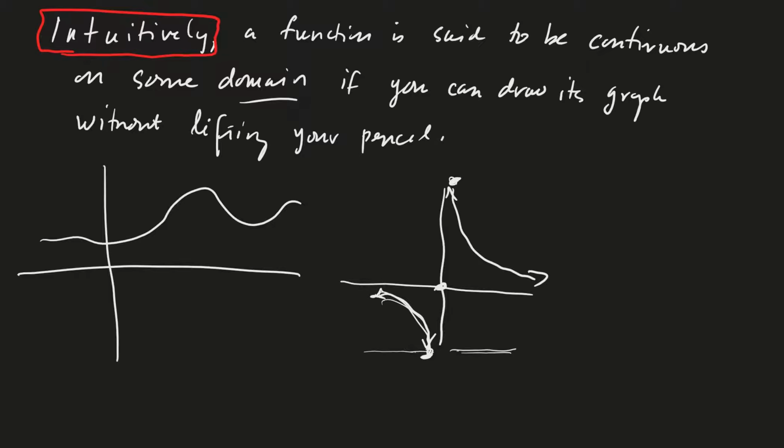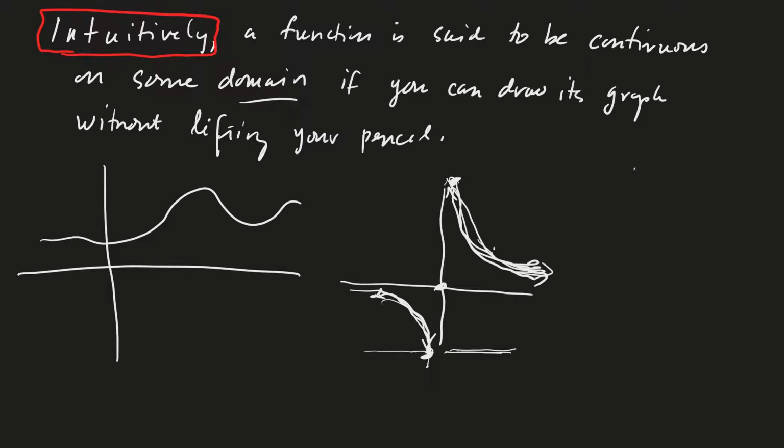However, if the domain skips the point 0, then your pencil has to skip the point 0 too. So once you're finished with this one, you would stop, and then of course you would never finish. But if you were to finish, you would skip over 0 because it's not in the domain, and then you could draw that.